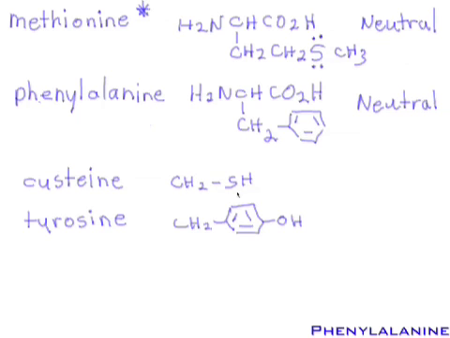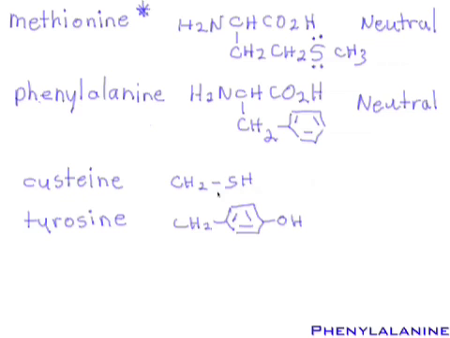We pointed out that as you go down a group, acidity increases. So oxygen with OH isn't very acidic, but SH has some weak acidity to it. We also learned that phenols are weakly acidic. Is this weak acidity sufficient for it to be considered an acidic amino acid?